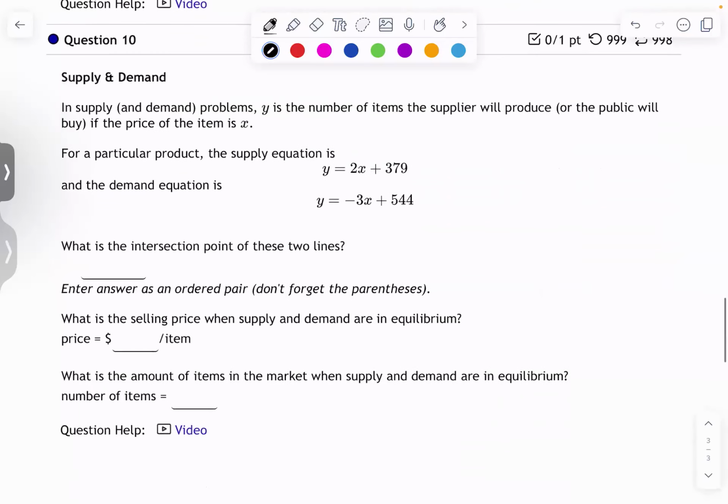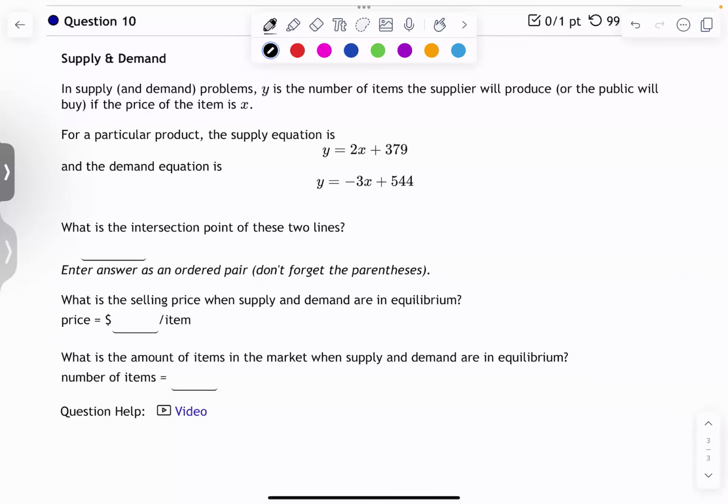And our last problem for this video. In supply and demand problems, y is the number of items the supplier will produce or the public will buy, and the price of the item is x. And we have two of these, and we want to find the point of intersection, meaning we want to set the two equal to one another.